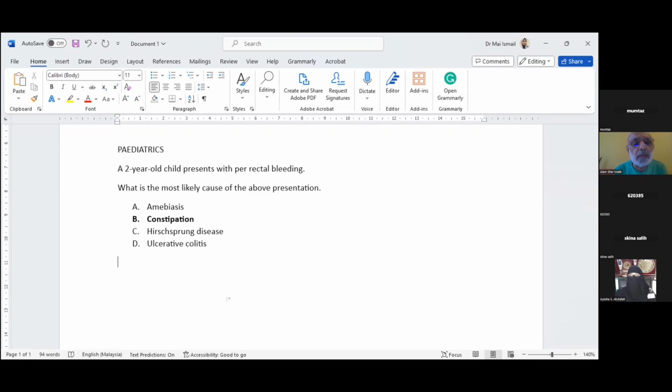A 2-year-old child presents with rectal bleeding. Which is the most likely cause of the above presentation? Yes, comments, please. If I may, I'm not a pediatrician, but maybe there should be more detail in the scenario.